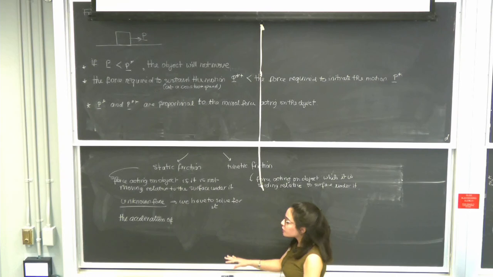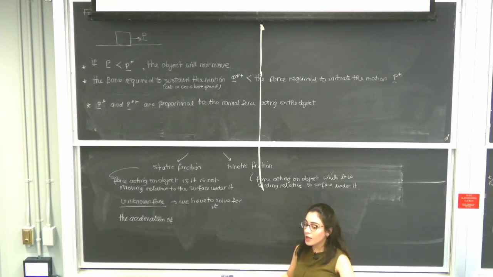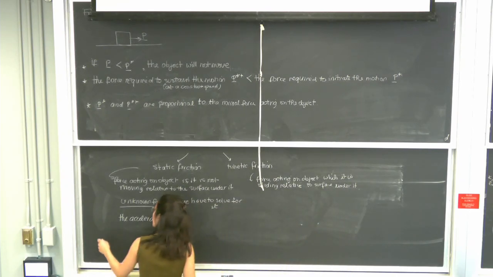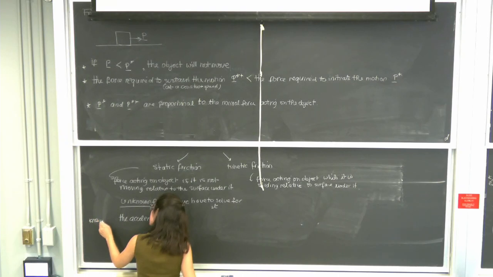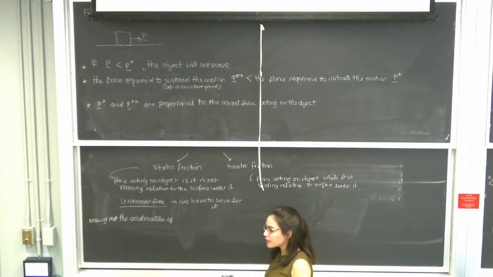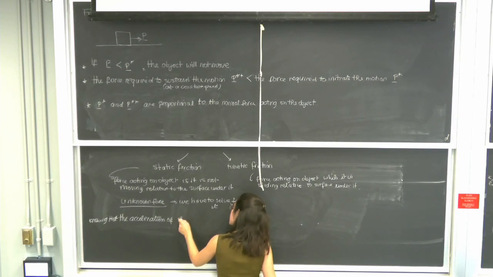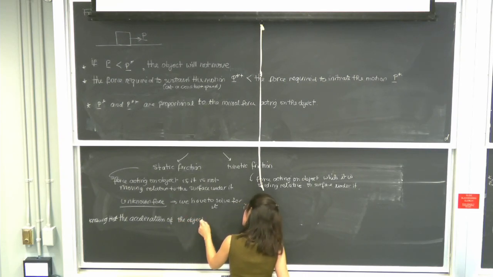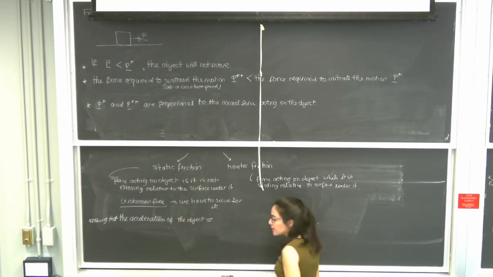So the static friction force is unknown. We have to solve for it, knowing that the acceleration of the object is equal to the acceleration of the underlying surface.